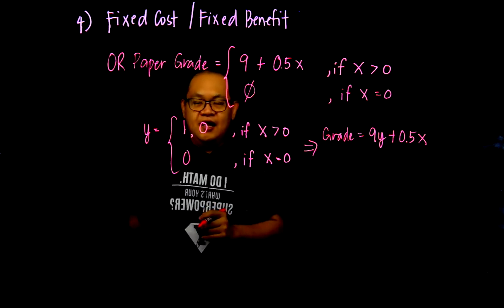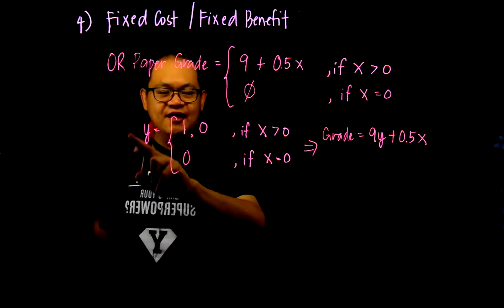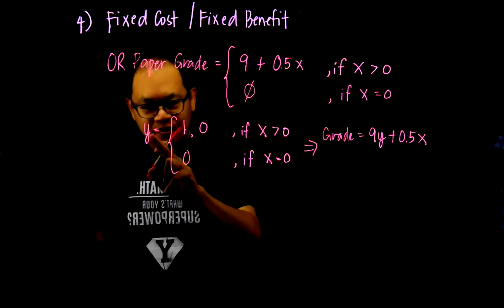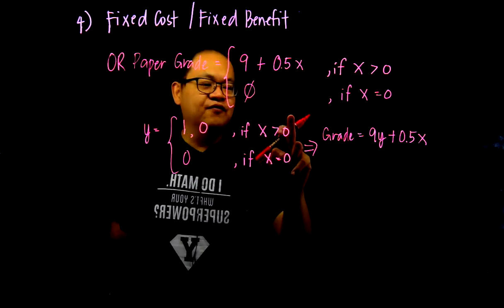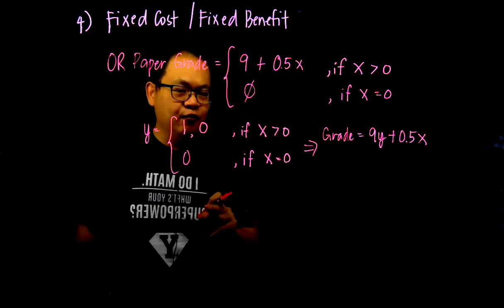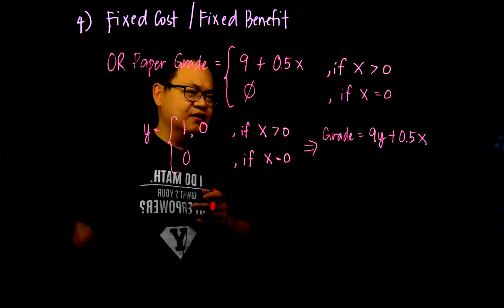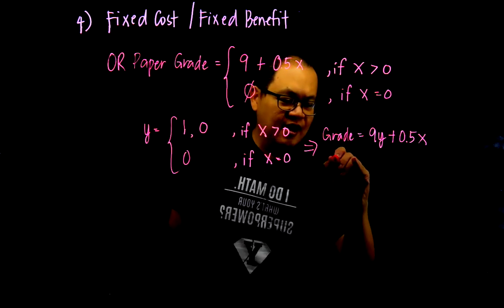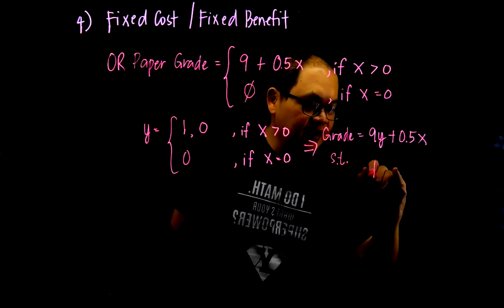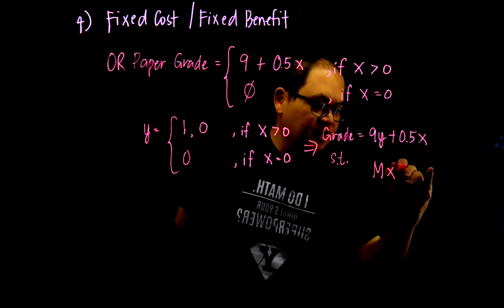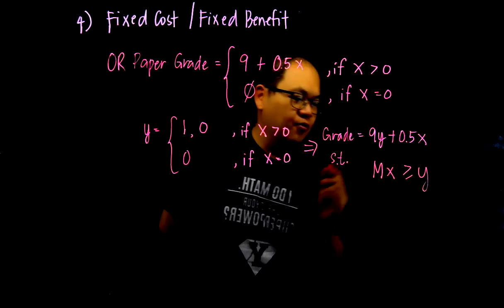Again, because y is a dependent variable and the value of y depends on the value of the variable x, therefore, we need a constraint. And what constraint is that? So we will add subject to, and we will be adding Mx greater than or equal to y.